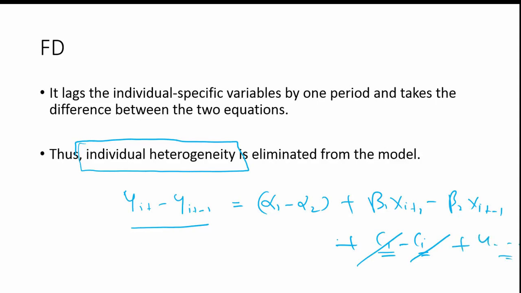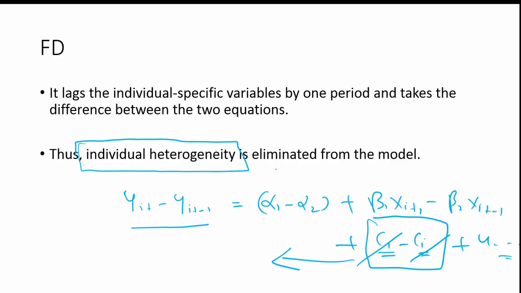Now that's interesting. When you take the first difference, you actually get rid of the unobserved impact, the individual specific effect on the dependent variable, and technically we call that individual heterogeneity. Which essentially means the effect of unobserved things on the dependent variable.